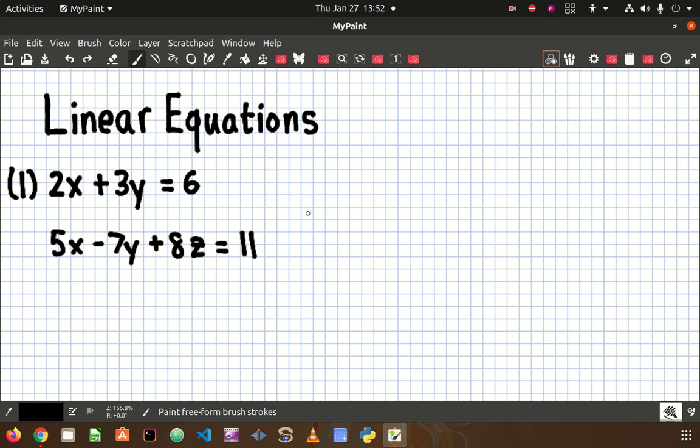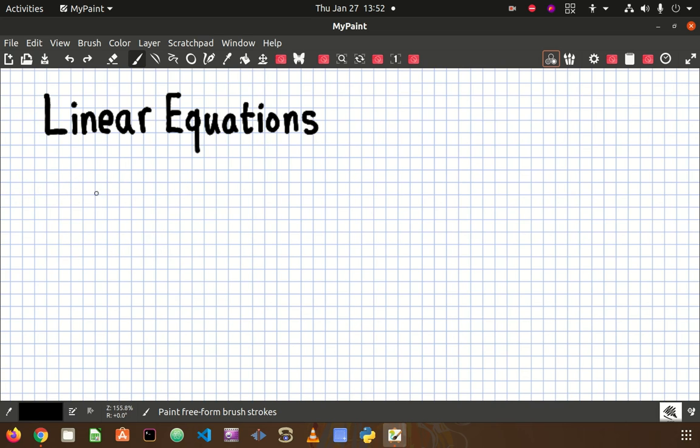Now, linear equations can have many, many variables, even up to thousands of variables, hundreds of thousands of variables. And we only have so much of an alphabet to borrow from. So what do we do in those cases? Well, in those cases, we start using subscripts.